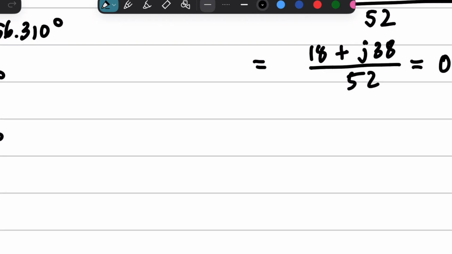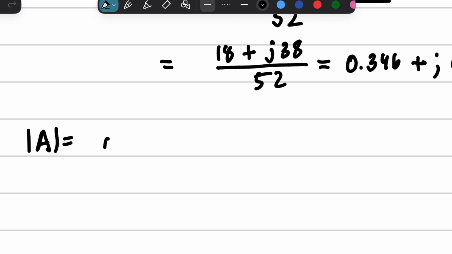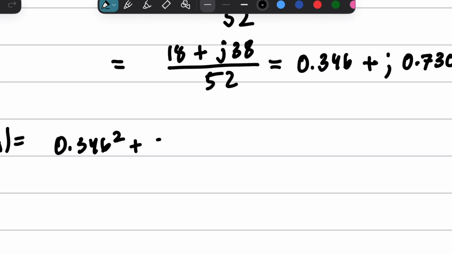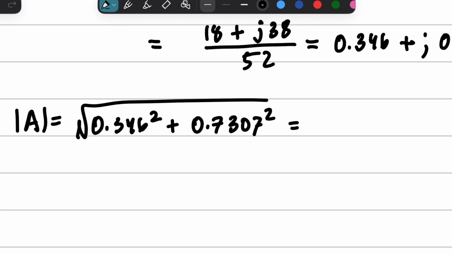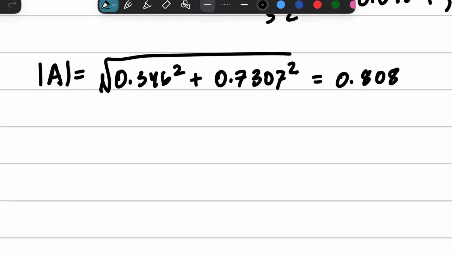Now we can easily find the amplitude, which is the square root of 0.346 squared plus 0.7307 squared, and that is going to equal 0.808, okay?